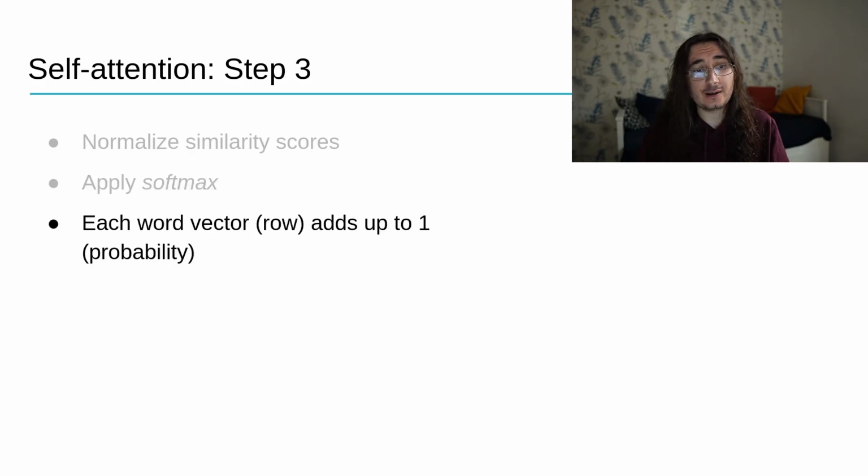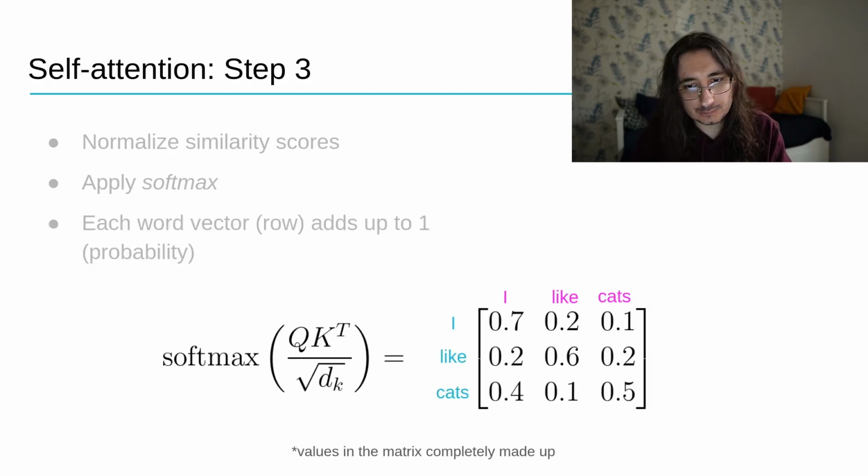What softmax does is it takes each word vector, that is a row, and it normalizes it so that if you add up all the items in the row, you're going to get a value of 1. And that is nice because that is basically a probability associated with each item in the row. So let me show you that. Here we have the similarity score.